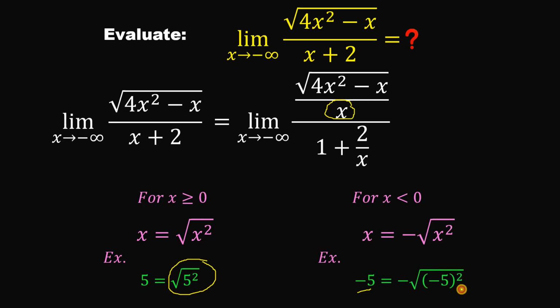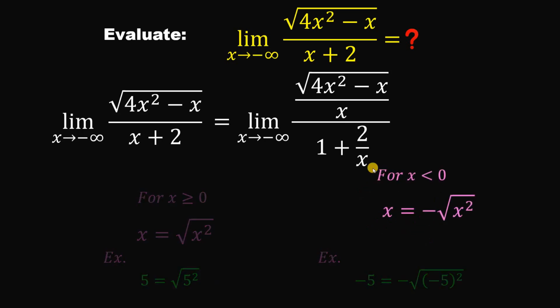Because negative 5 raised to the power of 2 is positive 25, and the square root of that number is positive 5. So we need to put a negative sign outside the square root to make it equal to negative 5. Therefore, we will use this concept to evaluate this limit.